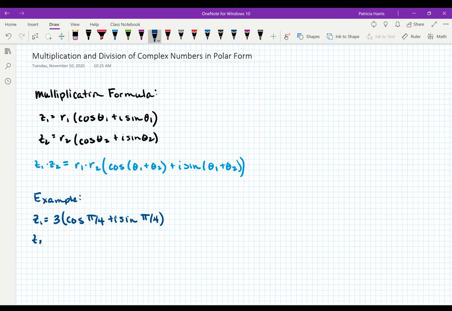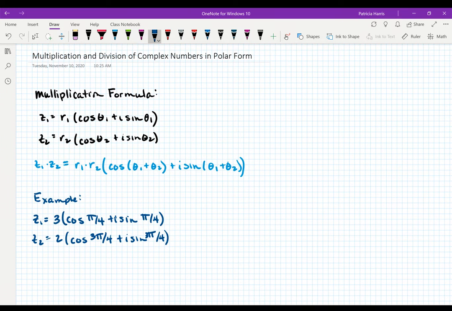And then z2 is 2 (cosine 3 pi over 4 plus I sine 3 pi over 4). Okay, so we're just going to follow our formula.